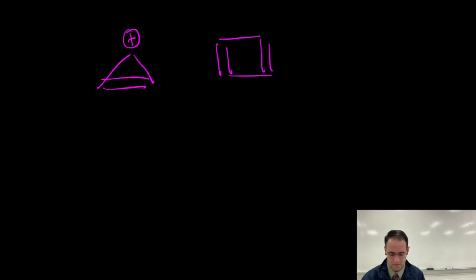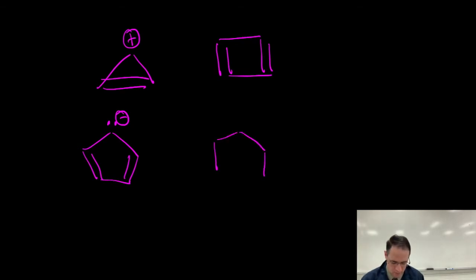Now, when you're counting different molecules to see if they're aromatic or not, you have to be careful of how many electrons you're counting. Okay, so if you have a 6-membered ring, you can have funny stuff that you can draw.